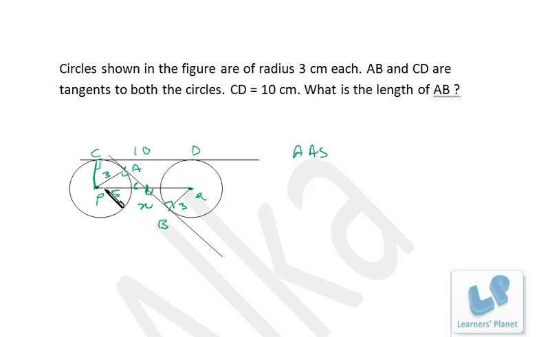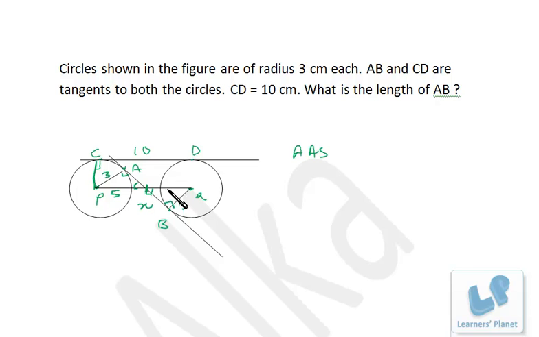Okay, I repeat once again. This is the radius of this circle, this is the radius of this circle, this is angle 90 degrees, angle 90 degrees, and these are vertically opposite angles for triangle APX and triangle XQB, right? That means these two triangles are congruent to each other. That means PX should be equal to XQ by CPCT, that is corresponding parts of congruent triangles are equal, right?